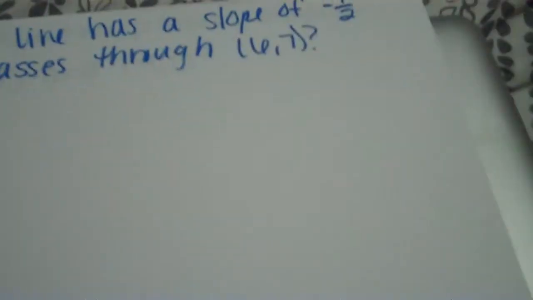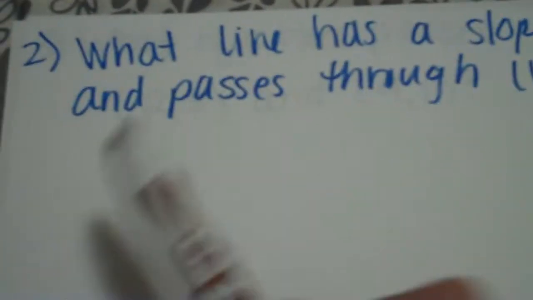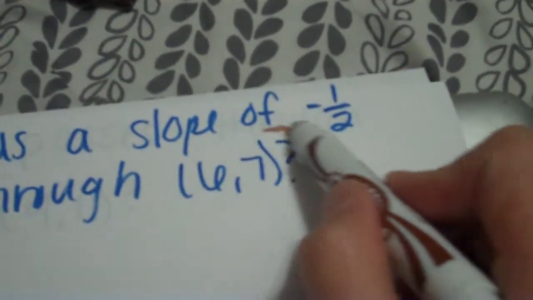Okay? So let's do one more like this, and then the next note video will show you the other ones. So pause if you need to write this down. What line has a slope of negative 1/2 and passes through (6, 7)? Okay? First step is find slope, but it already has the slope. My slope is negative 1/2. Then I plug into y equals mx plus b.